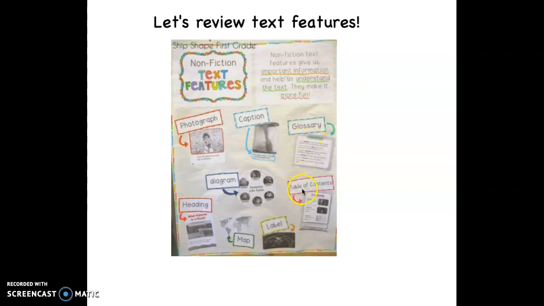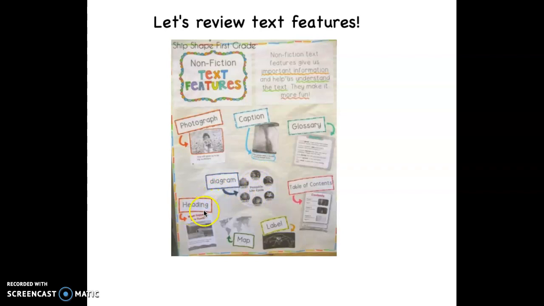Your book can also have a table of contents, and it tells you what you're going to learn on certain pages. It can also have a diagram. Like when we read the life cycle of a butterfly, we had a diagram and it showed us how a caterpillar turns into a butterfly. So that was a diagram.